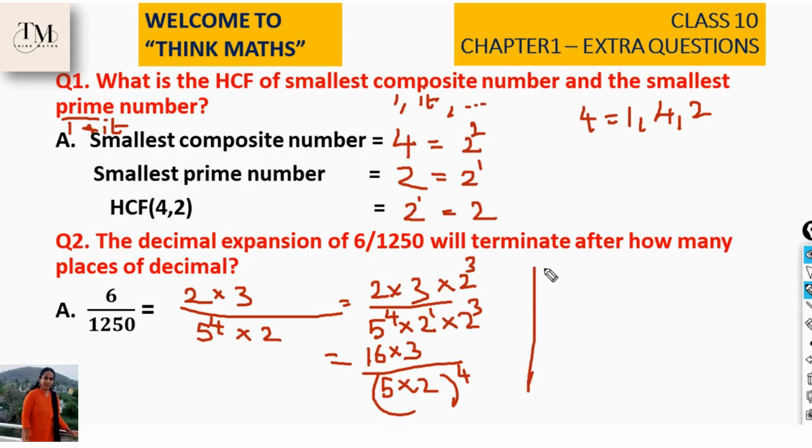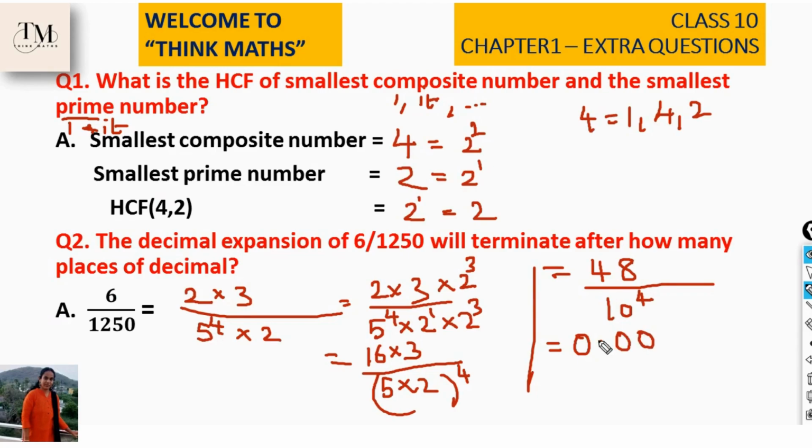Which is equal to 16 into 3. 6 3s are 18, balance 1, 1 into 3 is 3, 3 plus 1 is 4. So 48 divided by 10 to the power 4. So there will be 4 zeros, so you have to place the decimal 4 places from the right. Already there are 2 digits, so we have to add 2 zeros.